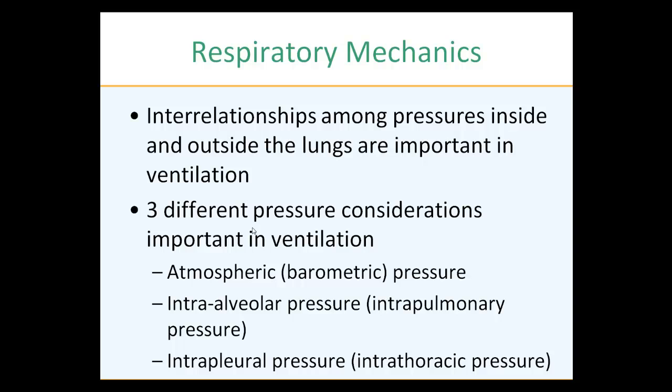You just need to drop the pressure by about 1 millimeter mercury lower than the atmospheric pressure in order for the air to come in. We're talking about normal breathing, not very vigorous breathing. And it doesn't take much either to let the air out. Just one or a couple more pressure units, millimeters mercury, to affect this alveolar pressure, and that will allow the air to escape.